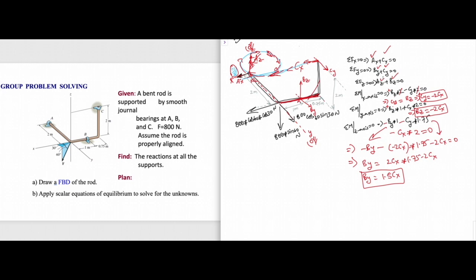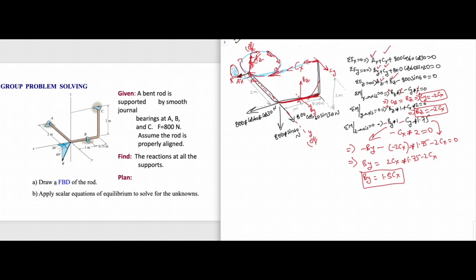The new sigma Fx, in terms of Ax plus Cx, you will have plus 800 cos 60 cos 30 equal to 0. Same drill. What about Fy? By plus Cy plus 800 cos 60 sin 30 is equal to 0. What about Az? Az plus Bz minus 800 sin 60, because it's going down, equal to 0.